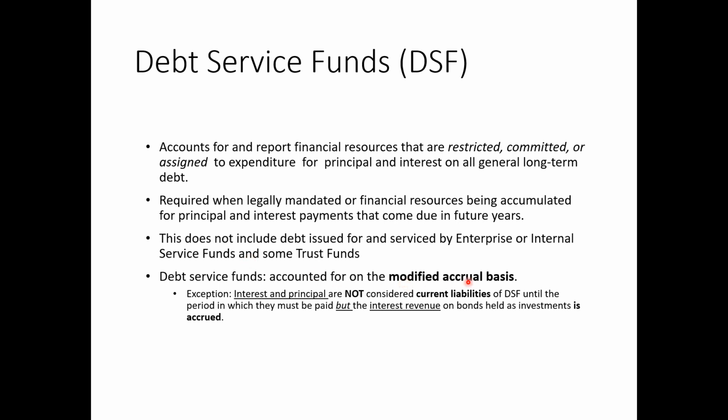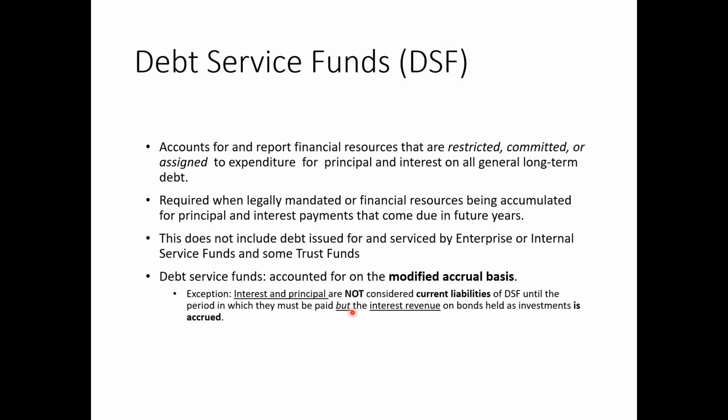Again, we're going to use modified accrual basis. If we use modified accrual basis, everything, or rather the payment, will be recorded as expenditures. And we do not recognize long-term liability. Remember? Interest and principal are not considered current liabilities of the DSF until the period in which they must be paid.